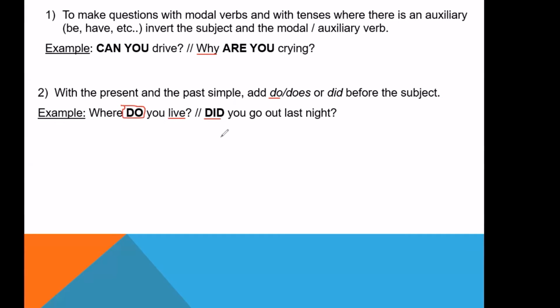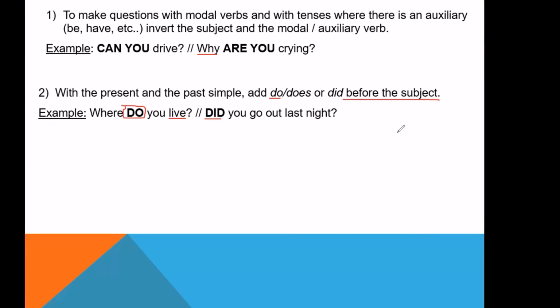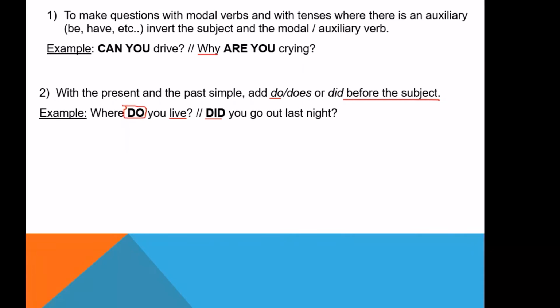Always when we are talking about questions, we are going to use them before the subject. Highlighting this order, this structure, is very important for our road of knowledge here. Moving on to the next topic.